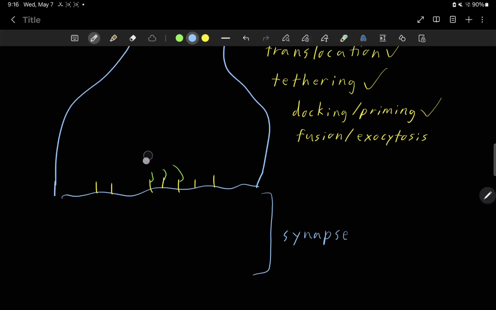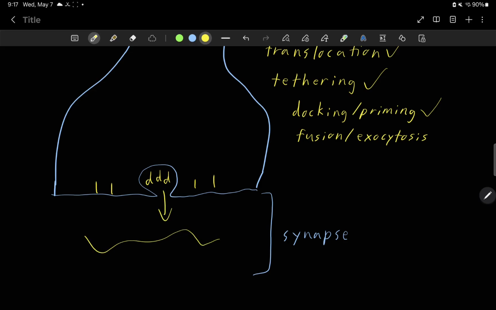So your vesicle gets pulled really, really close to your cell membrane, and then they basically fuse together. And when they fuse together, it starts to look a little something like this. It starts to open up a little pathway, a little hole for dopamine inside the vesicle to be released out into your synapse.